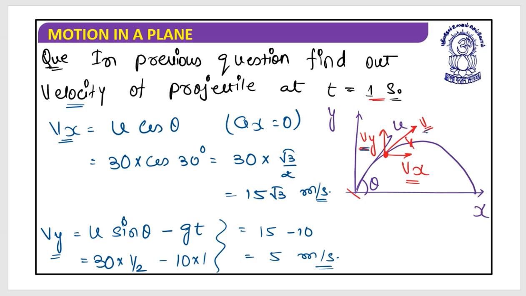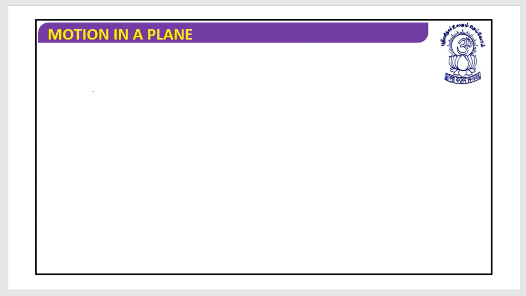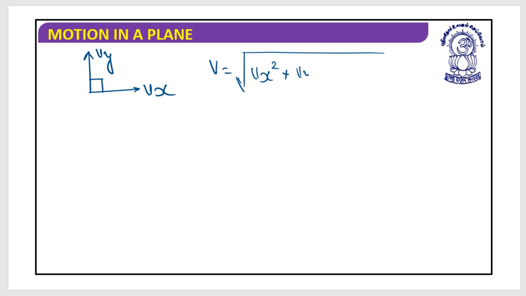So one of my vectors is in this direction, Vx. My other vector is in this direction, Vy. And the angle between these two vectors is 90 degrees. So V, the resulting velocity of these two vectors, could be written as the root of Vx square plus Vy square plus 2 into Vx into Vy into cos theta.